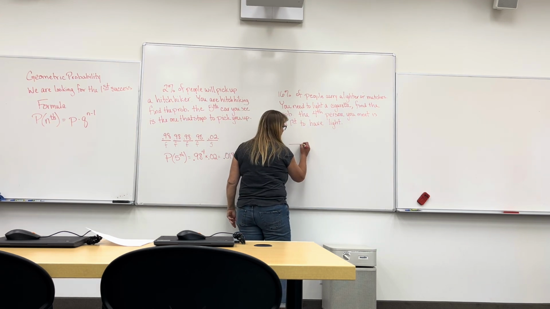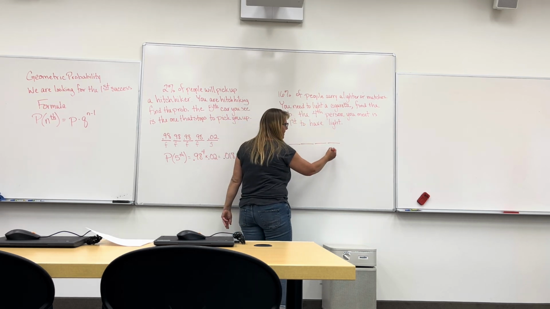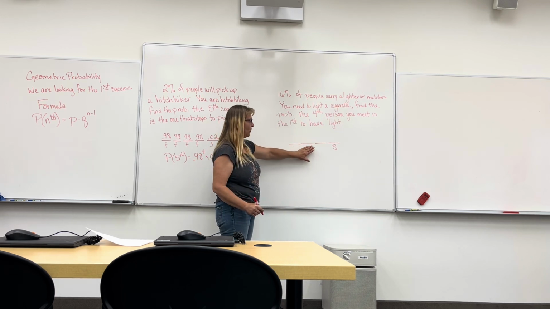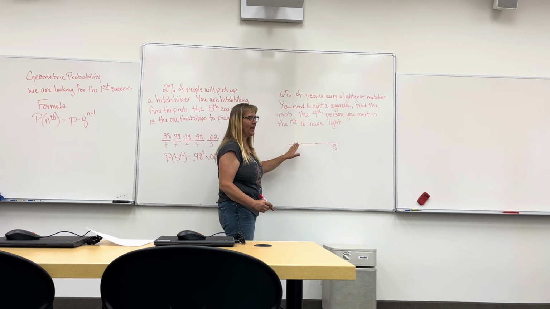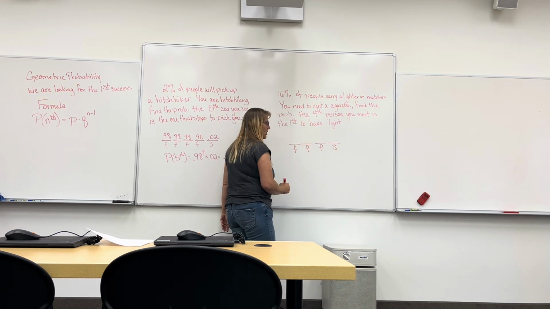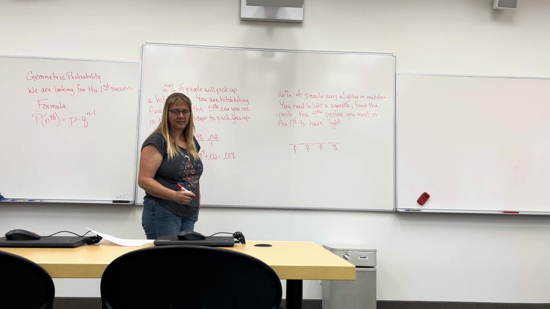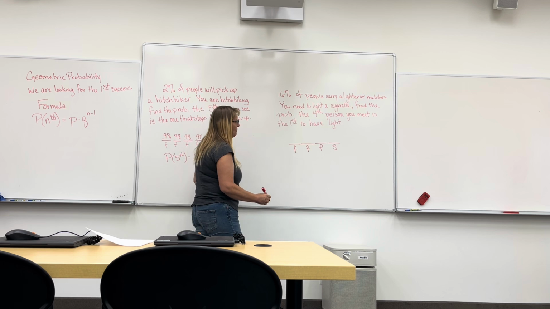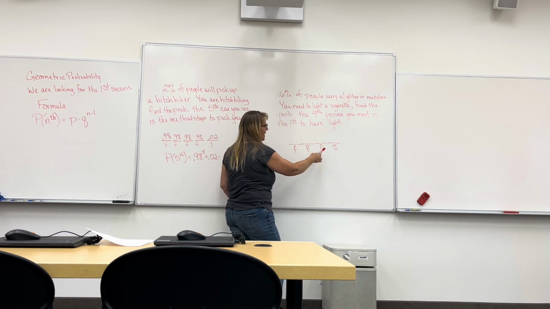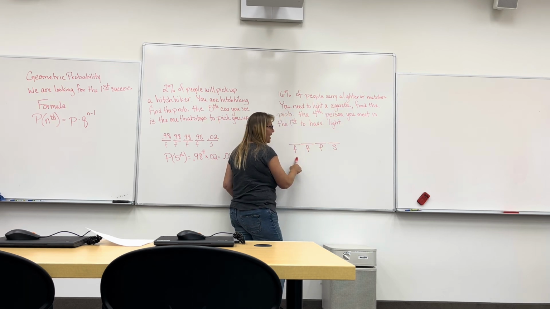So if we're going to put 4 slots here, here's the success at the end, but it means that we're going to have 3 failures beforehand. You're gonna ask 3 people and they're all gonna say no. So failure, failure, failure, and then we finally get a success. So that means that when we look at the numbers, if 16% of the time they say yes, then we need the complement, which is 84.